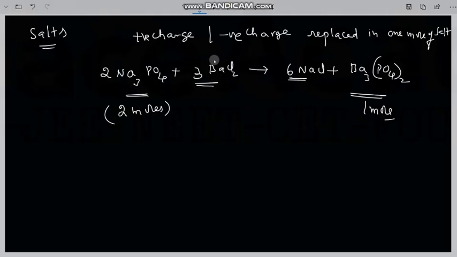That means here barium is 3 moles and sodium is 6 moles which is replaced. That is the meaning of this one. So 6 moles of cationic charge is replaced by 2 moles of the sodium phosphate.